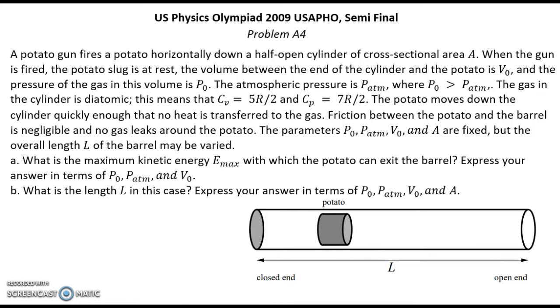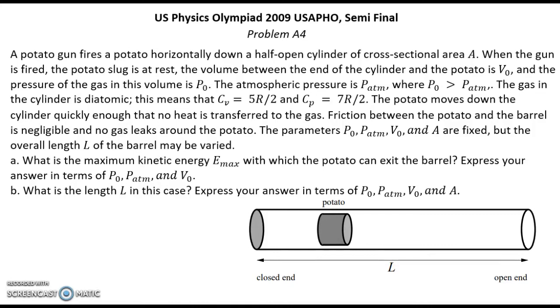The potato moves down the cylinder quickly enough that no heat is transferred to the gas. Friction between the potato and the barrel is negligible and no gas leaks around the potato. The parameters P0, P atmosphere, V0 and area A are fixed, but the overall length L of the barrel may be varied.